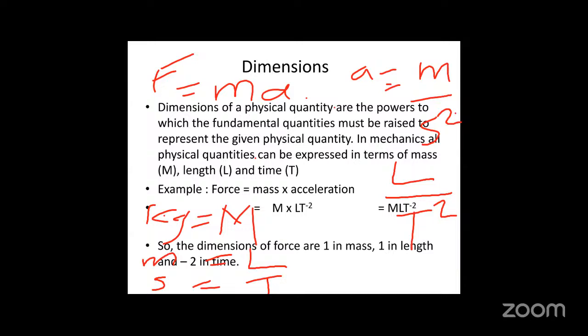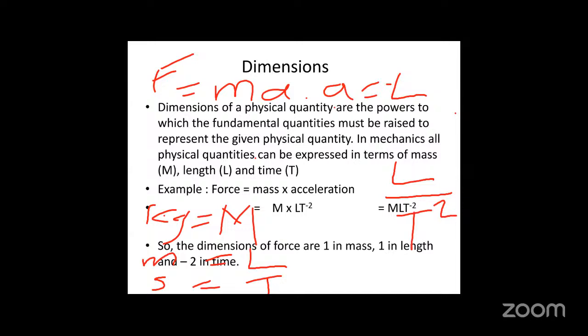Now, if I rearrange this to have everything represented at the numerator, acceleration will be L, and this is over T squared.